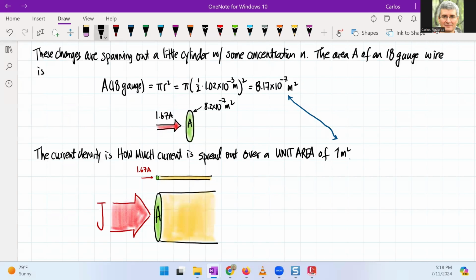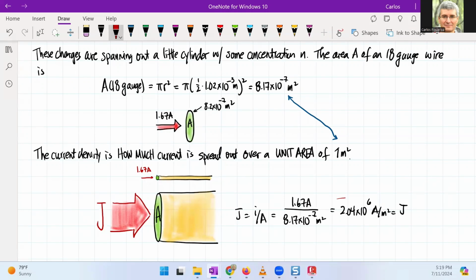And so we're going to see here that the current density, which is the current divided by the area, is going to be 1.67 amps divided by 8.17 times 10 to the minus 7 meters squared. So to 3 sig figs, you could see here that we're on the order of 1,000,000 amps per meter squared, and that's the current density.